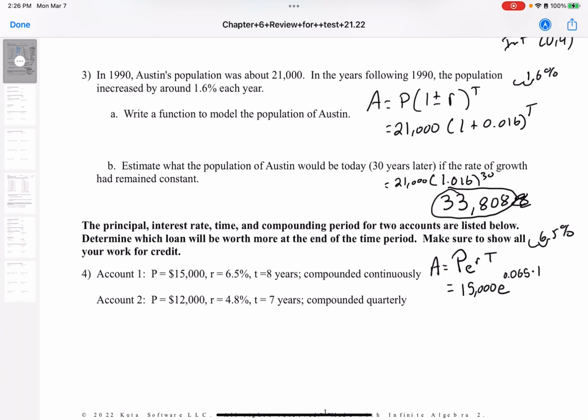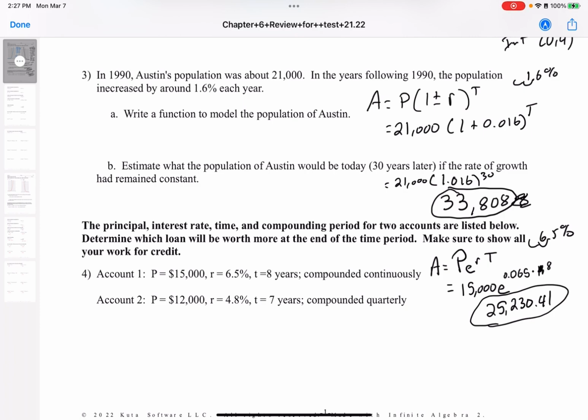Second ln is going to give me my e, and then inside parentheses, 0.065 times 8. And that amount is equal to $25,230.41. So I'm going to keep that number in mind.